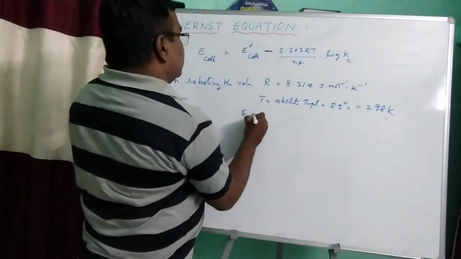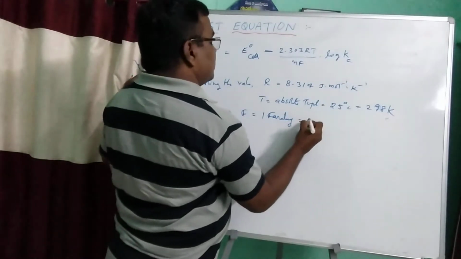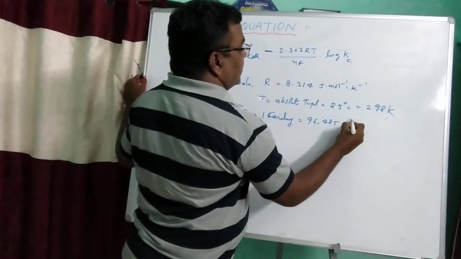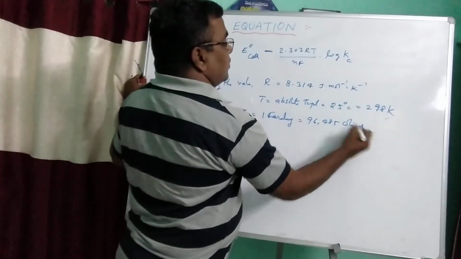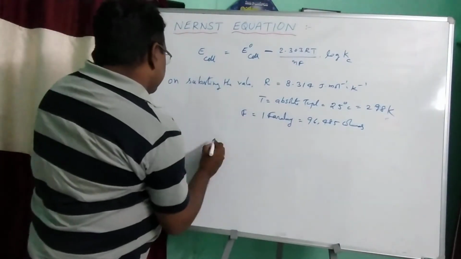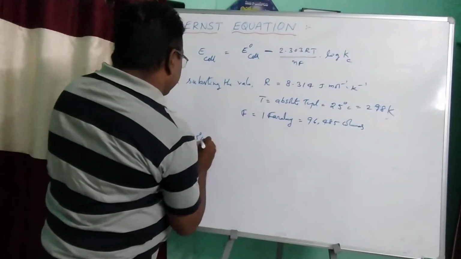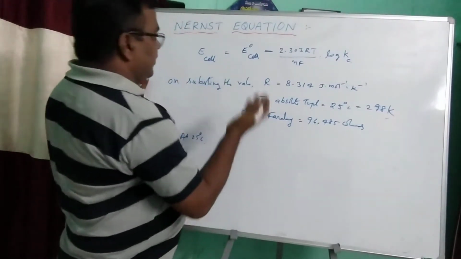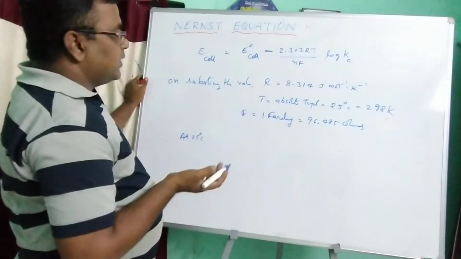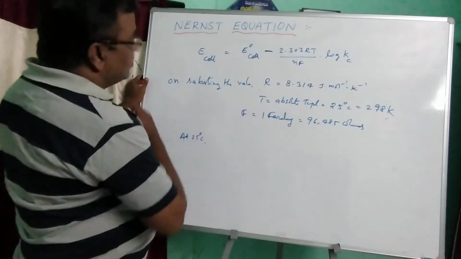Next, the F value is 1 Faraday, which is equal to 96,485 coulombs. Generally the galvanic or voltaic cell is kept at room temperature.